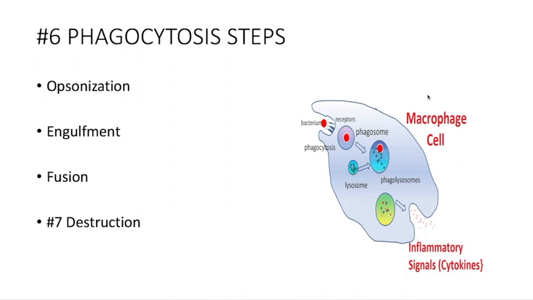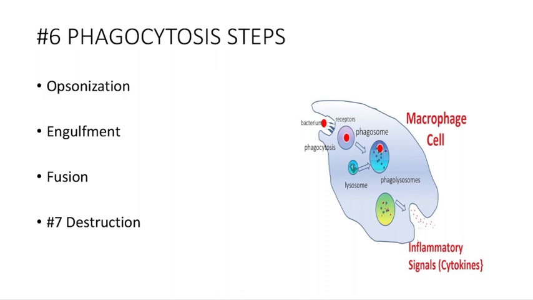Now we're into the area where the microorganism is. So now we're going to have phagocytosis. We talked about this back when we talked about the lysosome. Remember, phagocytosis is one of the options of endocytosis. Phagocytosis also has a few steps. We have opsonization, engulfment, and fusion. This should look familiar. This is the same thing that we talked about with the lysosomal pathway.